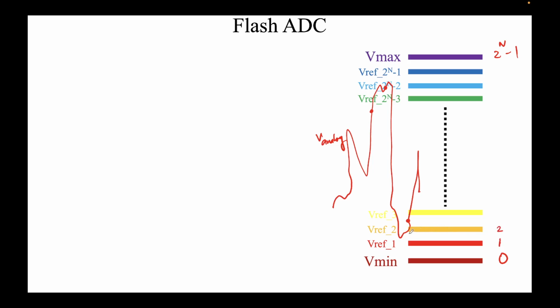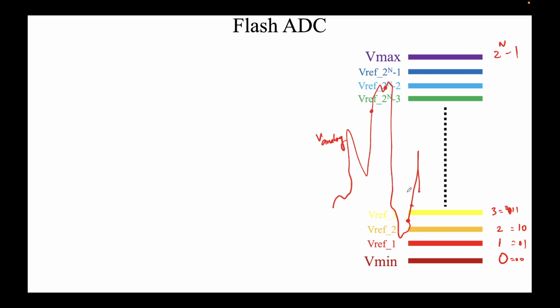Similarly, since it crosses Vref2, we assign it the value 1 0 in binary code. This is the decimal code, and this corresponds to 0 1 0 0 and so on. And if it's just above this, since it has crossed the yellow line, it will correspond to 3. So this will be 1 1, the binary 1 1, with preceding zeros.